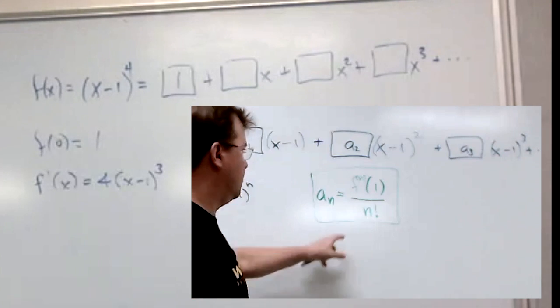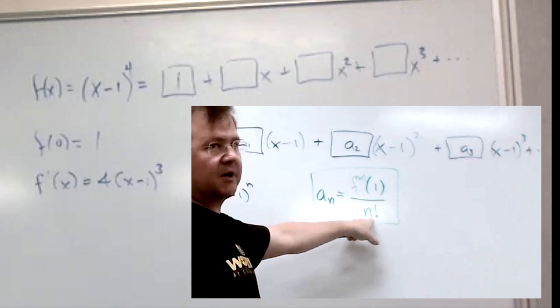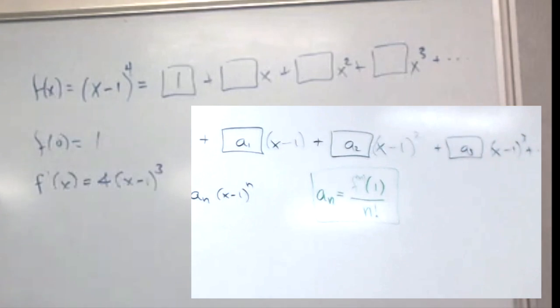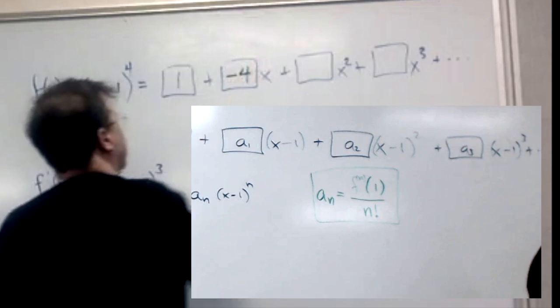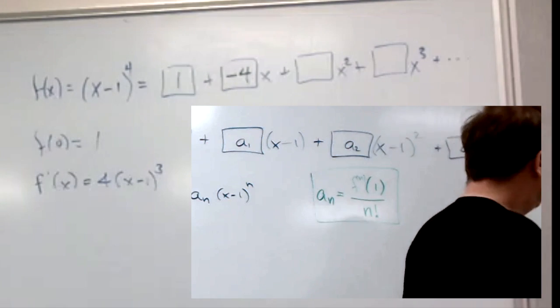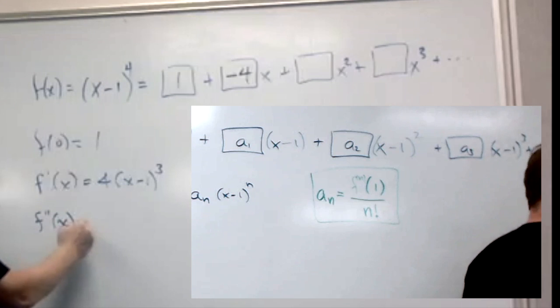And, oh, I erased it. But that second term is when n equals 1, it's going to be divided by 1 factorial. So this is going to be a negative 4. You're gonna run out of numbers on this. I guess you go negative when you get to the 5th one.